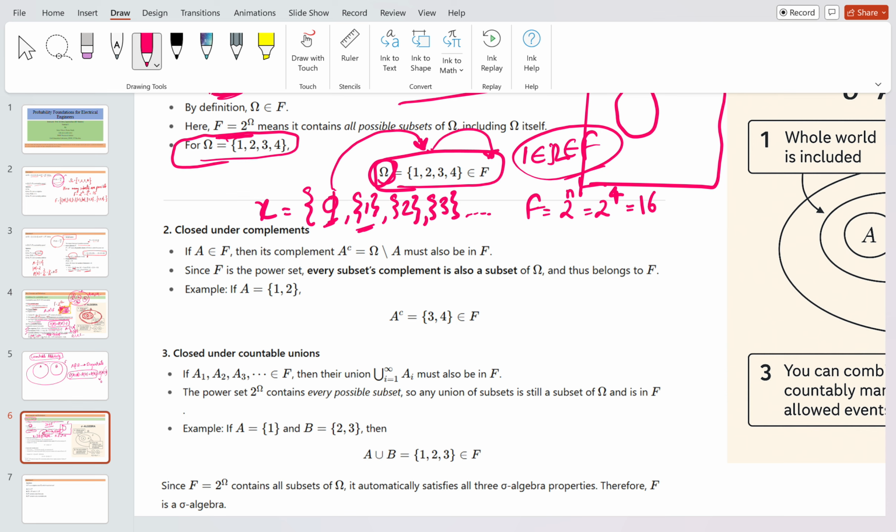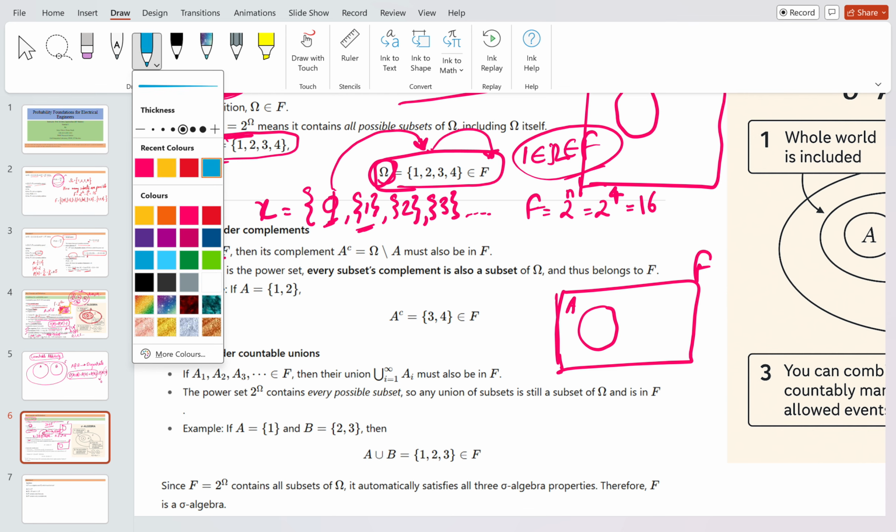If I am saying that A belongs to F, suppose I have taken a sample space F, and this is a set A. If A belongs to F, then its complement must also belong to F. Let me show how it is.